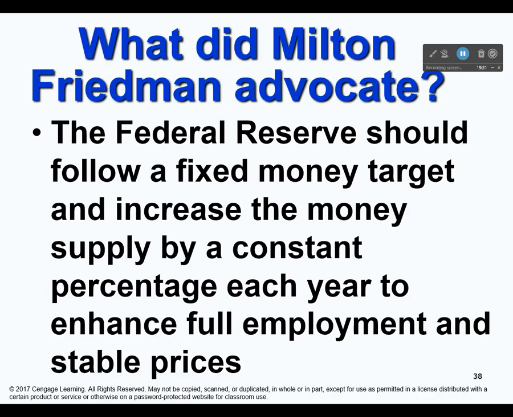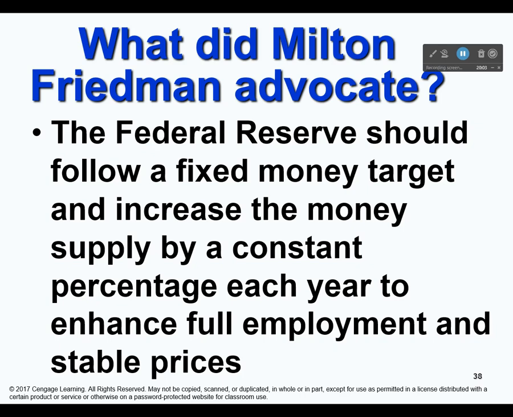Friedman thought that in order to maintain full employment and keep the economy from going into recession, you had to have a central bank that followed a rule to some degree, increasing the supply of money by a certain percentage each year, constant, fixed, and to some degree known, and that this would prevent the economy from going into a recession or from out of control prices.